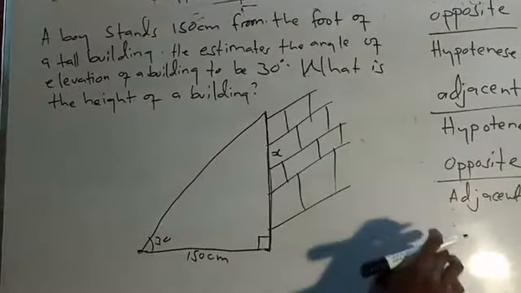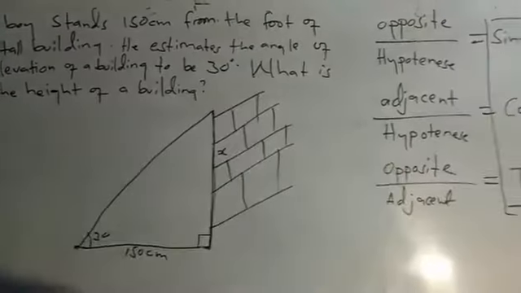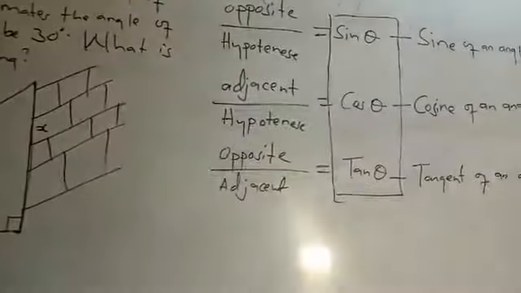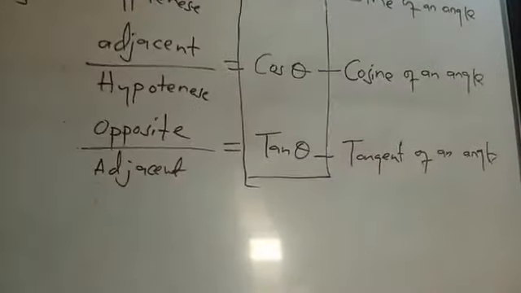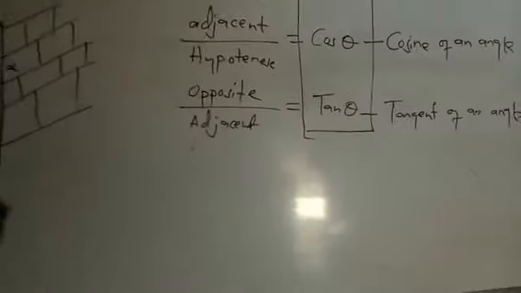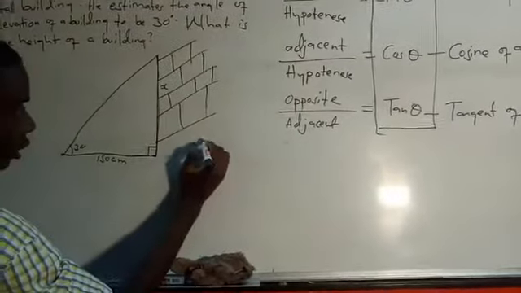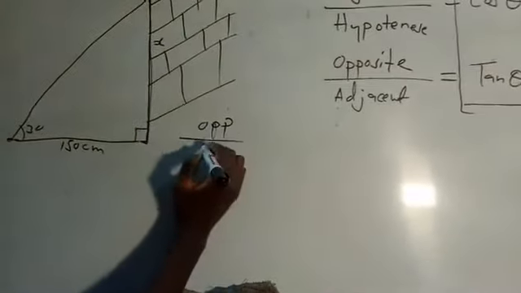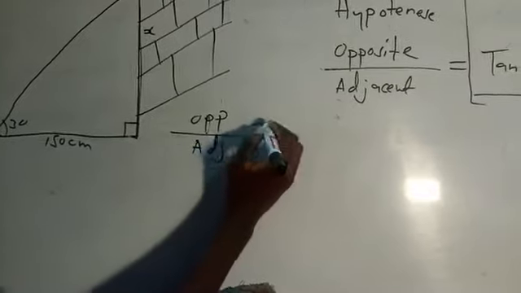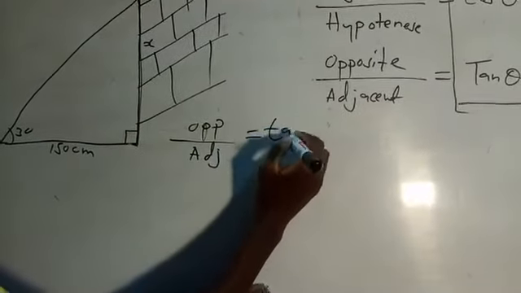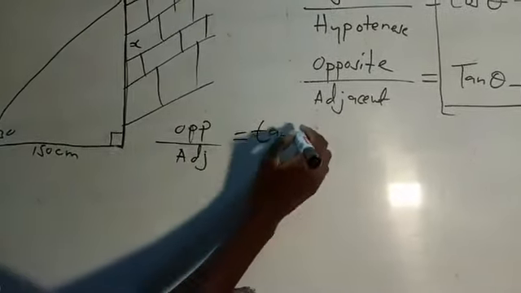Opposite and the adjacent side is the tangent of an angle, being opposite over adjacent equaling to tan theta.